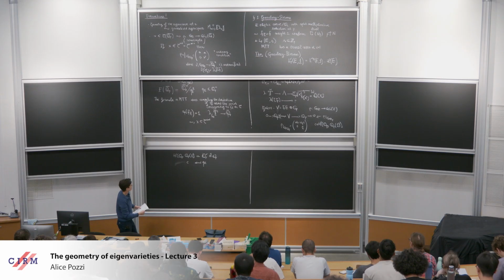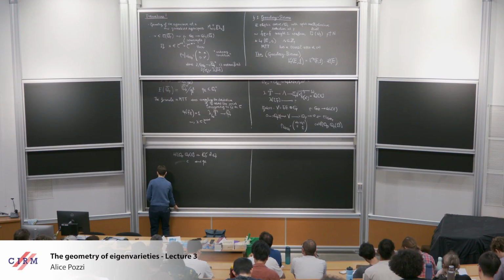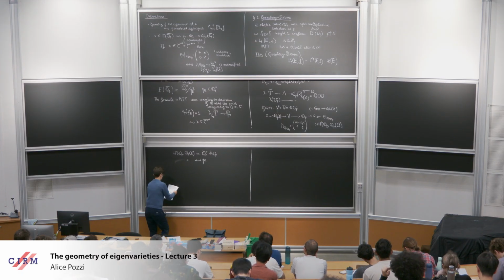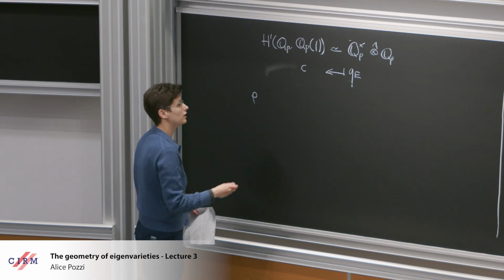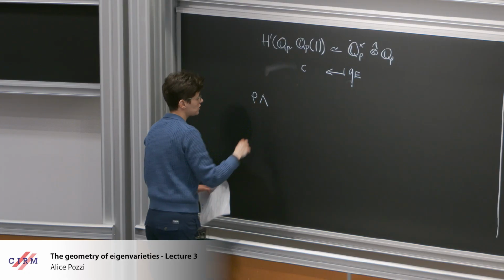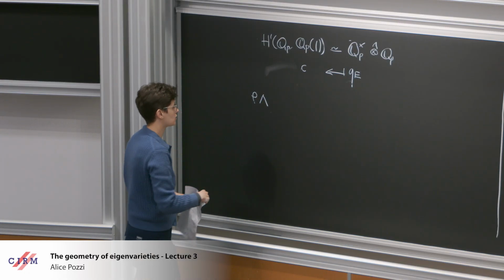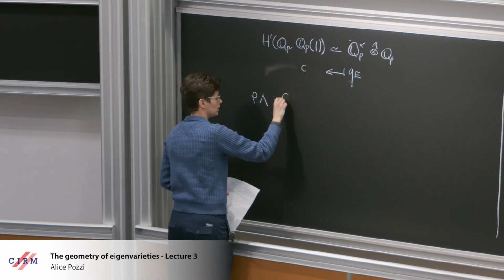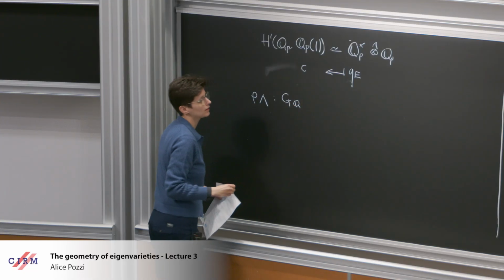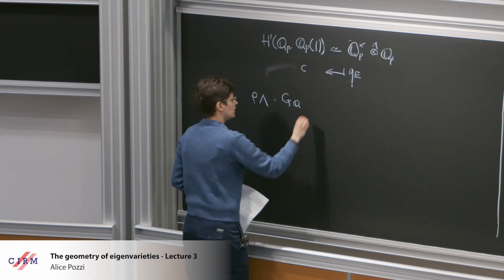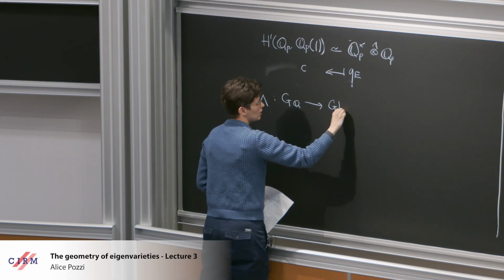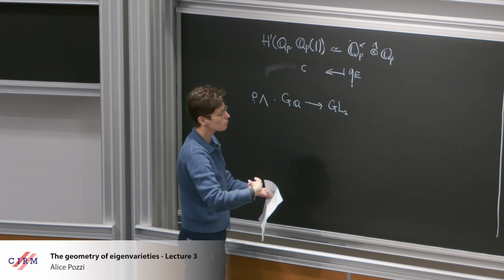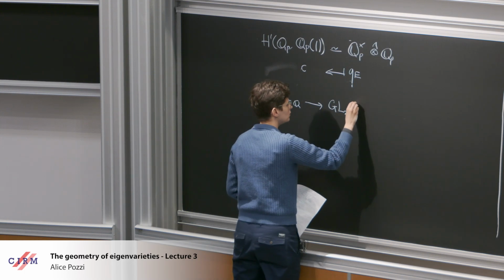Great, so what is the point that I'm trying to make? Well, it turns out that I can actually construct a Galois representation valued in lambda, in this case, which is not entirely obvious, but modulo x it reduces to rho.